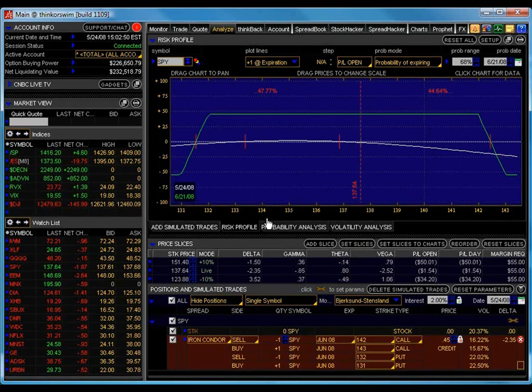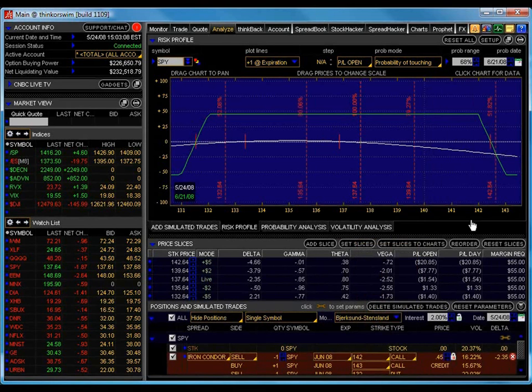Now remember though that when we took a look at the probability of touching, and we can also do the same probability up here, the probability is fairly good that we're going to touch one of these. Let's just do this here. There we go.